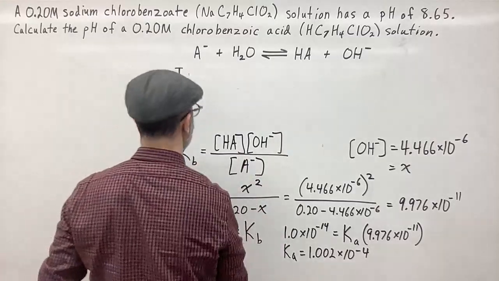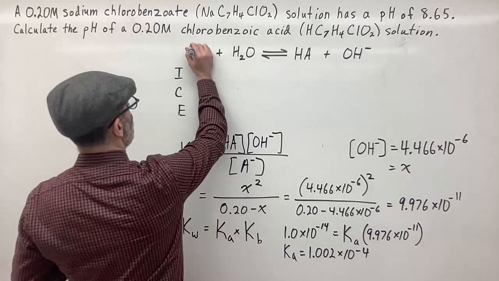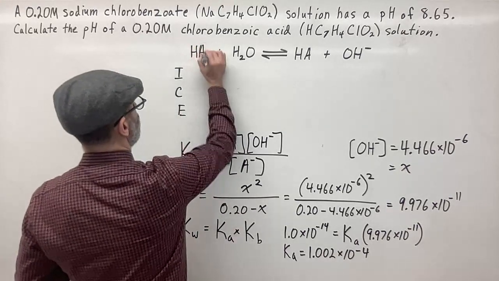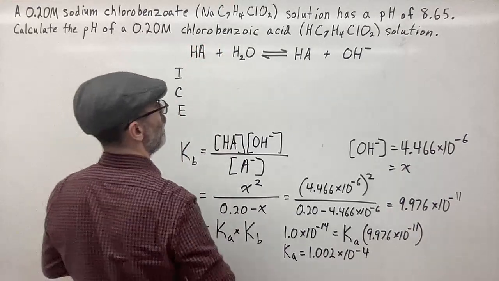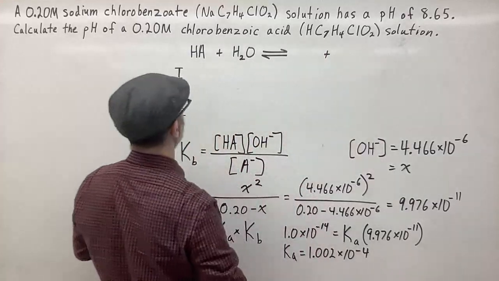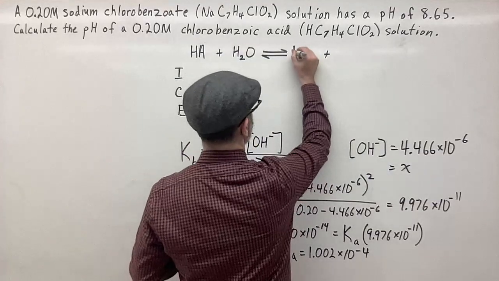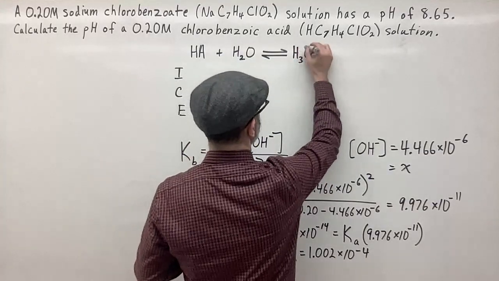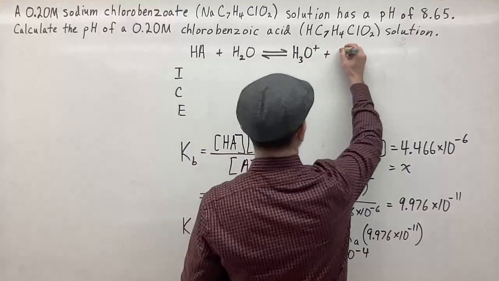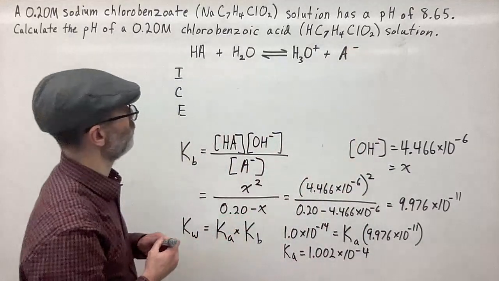So here, instead of A minus, we're going to have HA, and HA is going to react with water to form your hydronium ion, plus whatever's left over is going to be your A minus, the conjugate base.